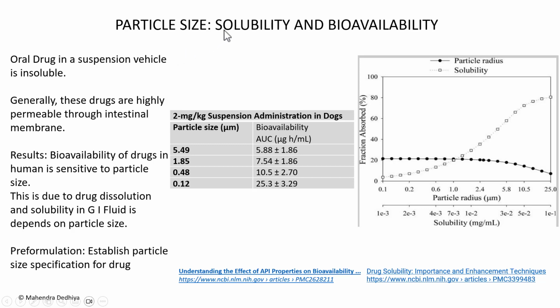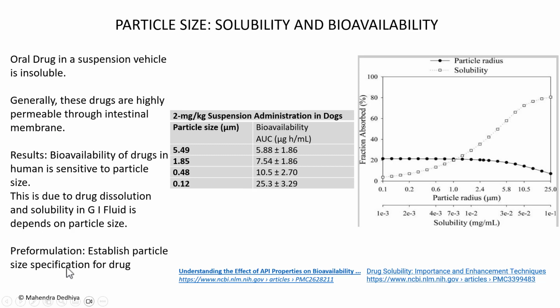Particle size, solubility, and bioavailability. An oral drug in a suspension is not soluble in the vehicle. That doesn't mean it's not soluble in the GI tract. If the drugs are insoluble in aqueous systems, then drugs generally have high intestinal permeability.